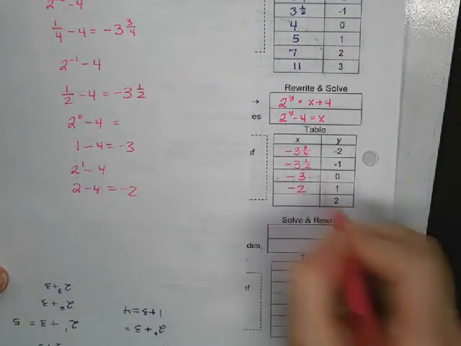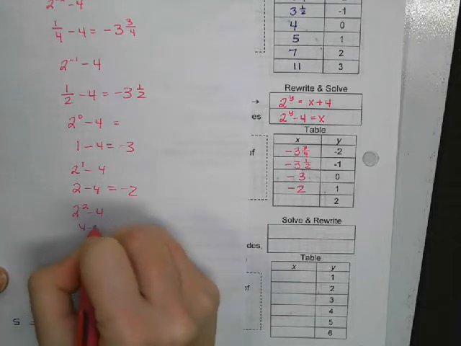And 2 squared minus 4 is 4 minus 4, which is 0.